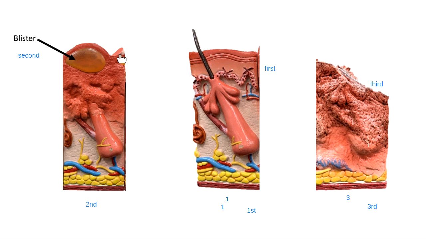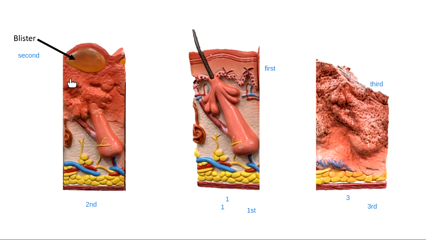So our big tip off with this one, right, is that blister, that ugly fluid-filled space. Fun fact about blisters: the reason we get this fluid-filled space is the epidermis literally separates from the dermis.